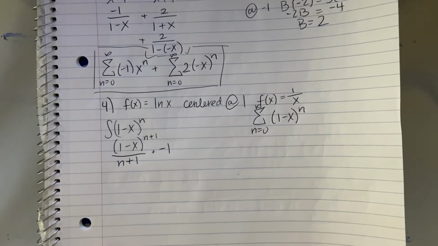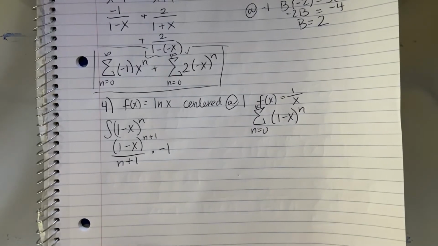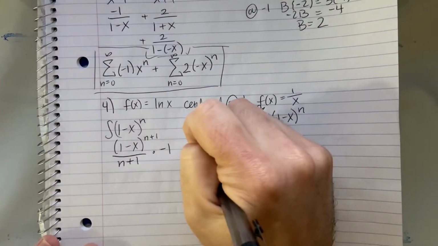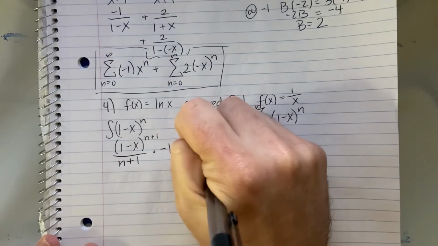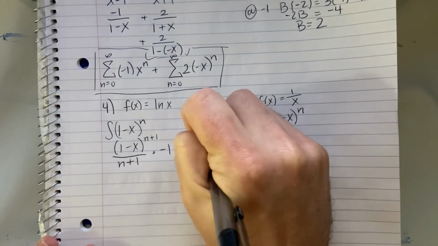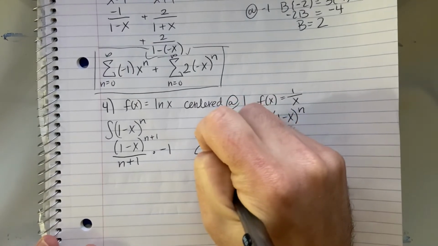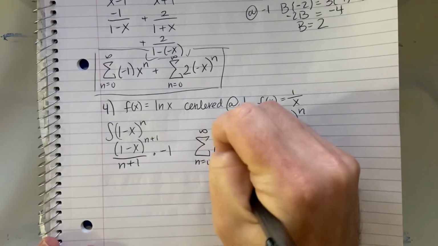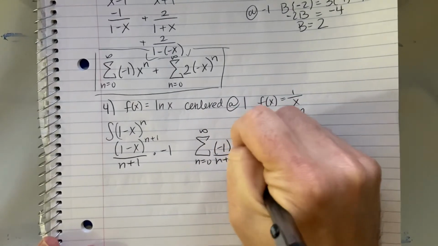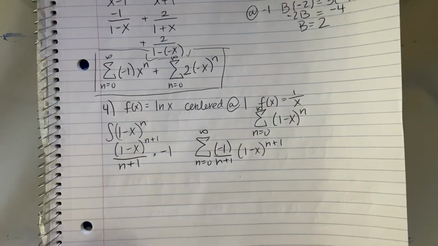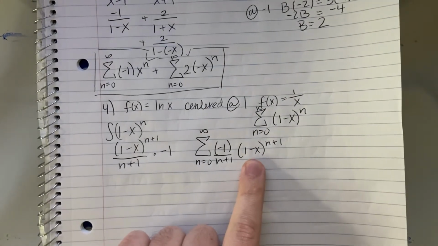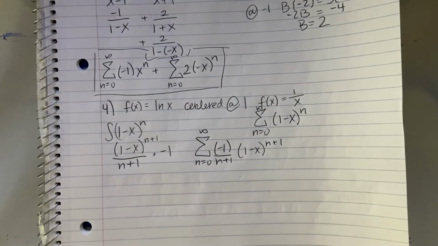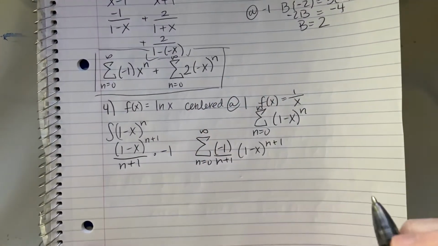So what is that going to do for our function? It's simply going to change it to the summation from n equals 0 to infinity of negative 1 times, I'm really going to put over the n plus 1 here, times 1 minus x to the n plus 1. Now I could pull a negative 1 to the n out and deal with it, but I'm just going to leave it like this because of the way we did it the first time.